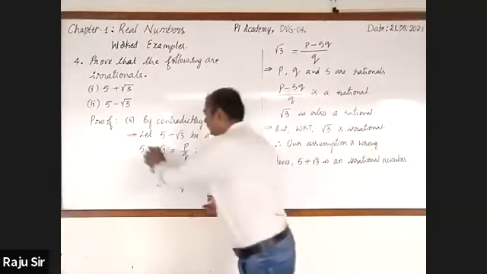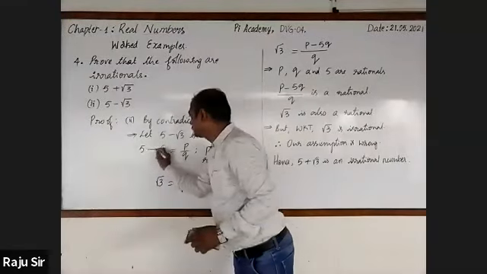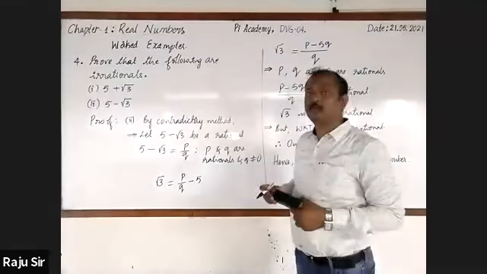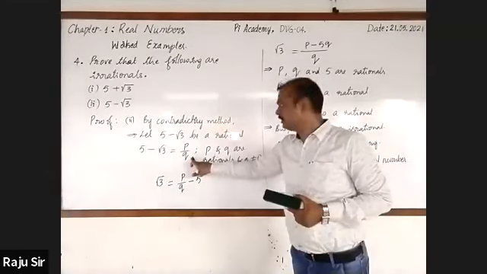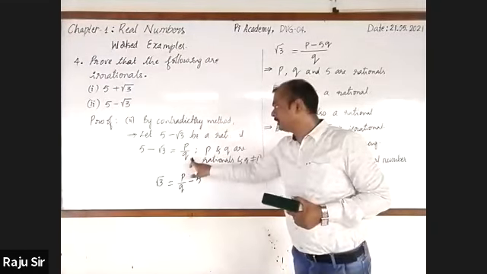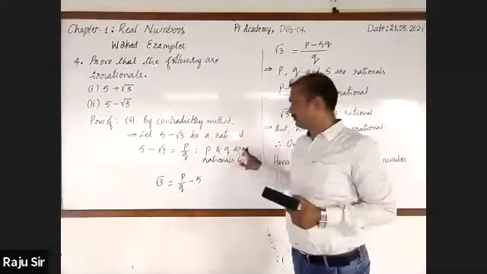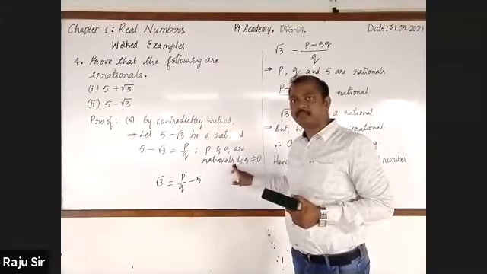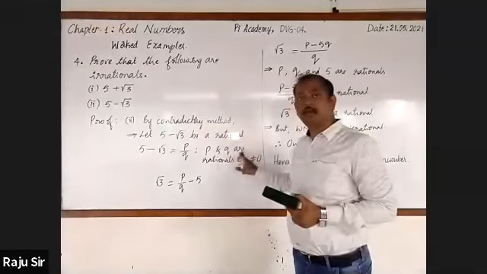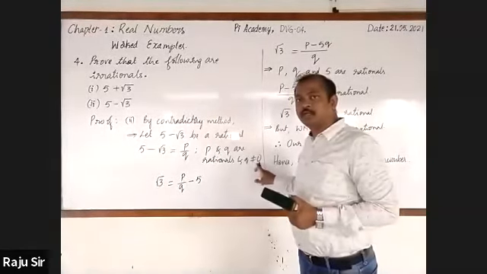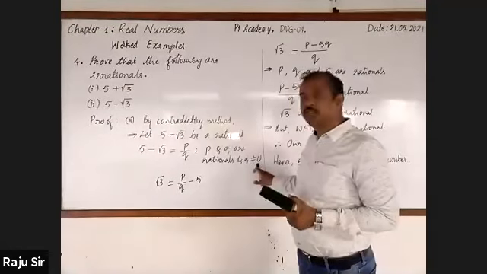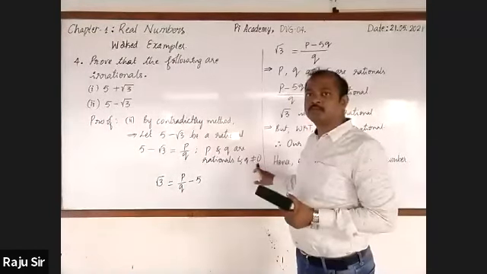So now you can write it as 5 minus root 3 is equal to P by Q, where P and Q are rationals, and Q is not equal to 0.